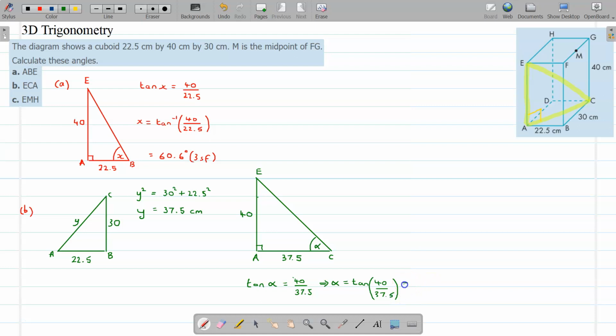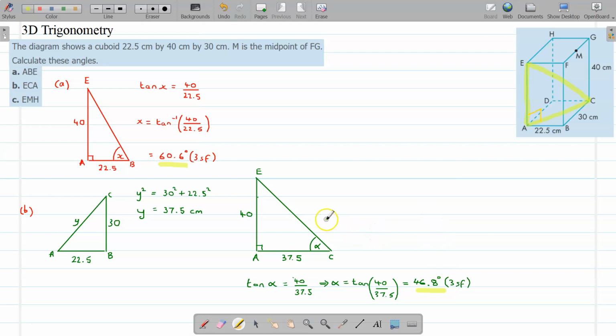And that comes to 46.8 degrees, 46.8 degrees to 3 significant figures. So that's my full answer with all the necessary working out for part A and part B.